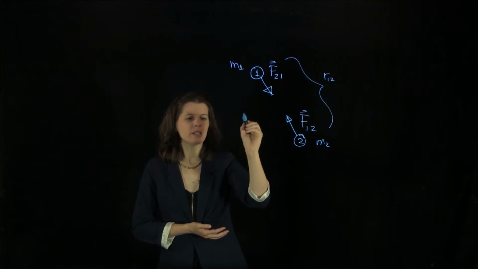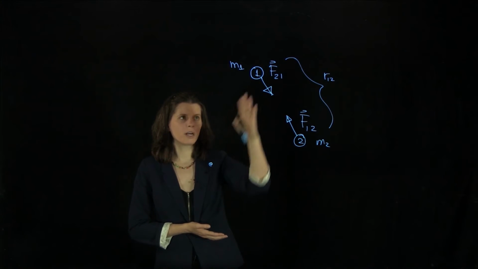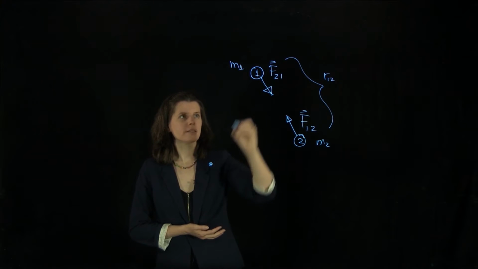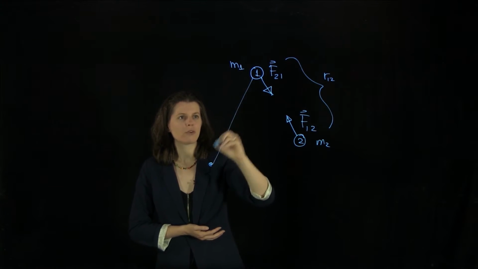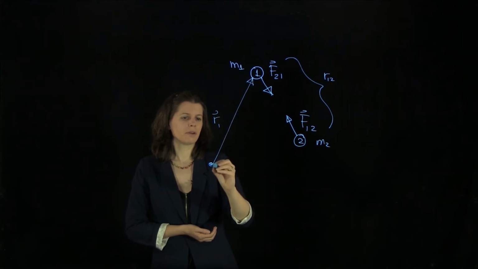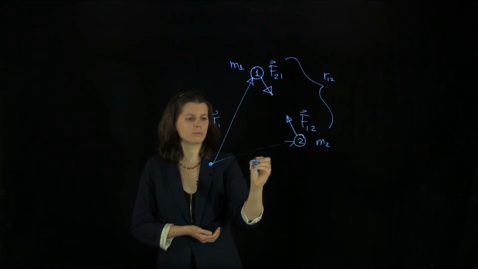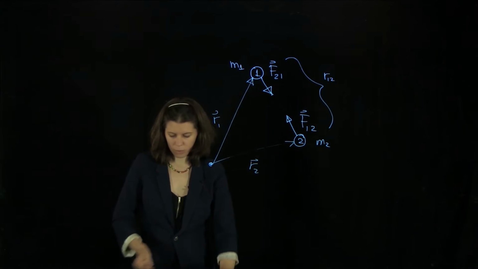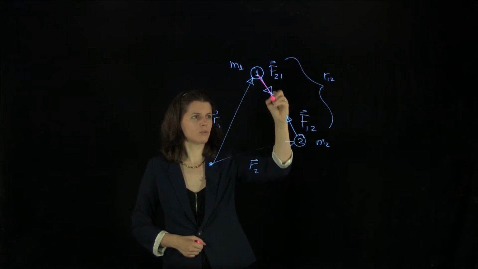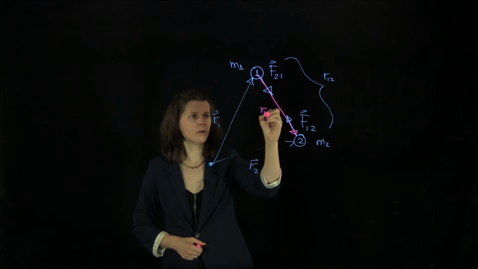Now we need to do one more consideration and then we can derive this. First we need to pick some kind of origin from where we are considering these two objects to be. And this vector goes from the origin to there, and we call this R1. And then we have here R2, which also means that the distance between object 1 and 2 is R12.